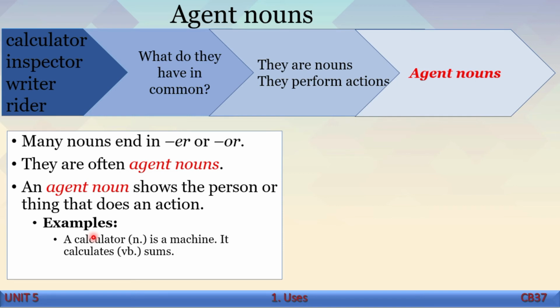There are some changes in spelling when you add ER or OR. For a verb ending in E, like calculate, delete the final E. Have calculator.